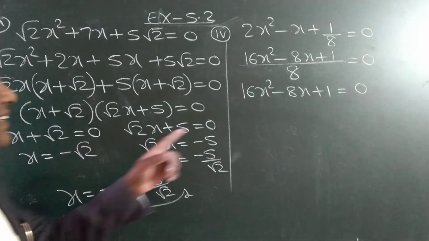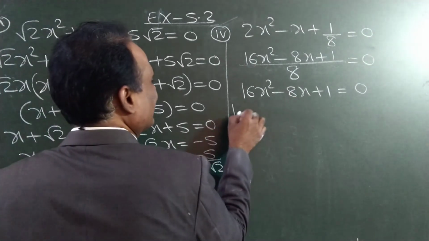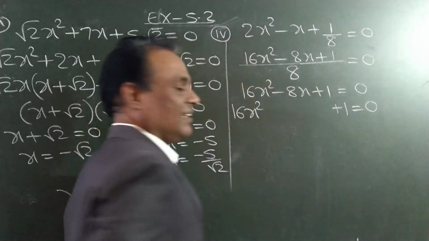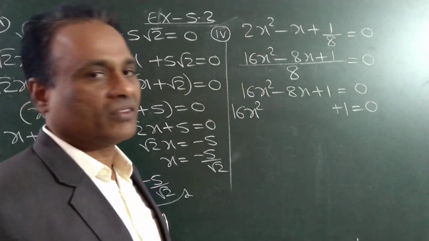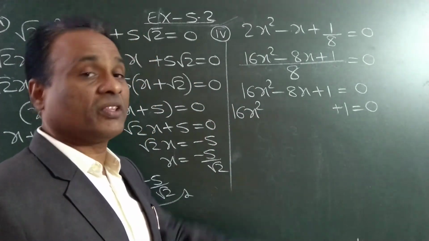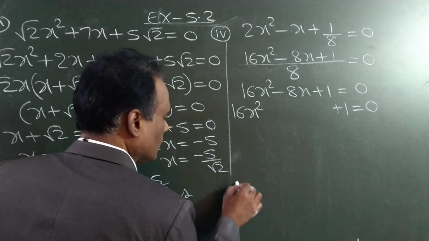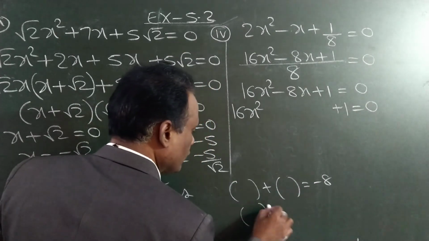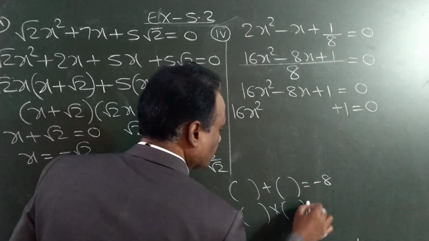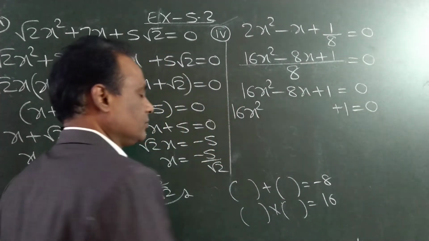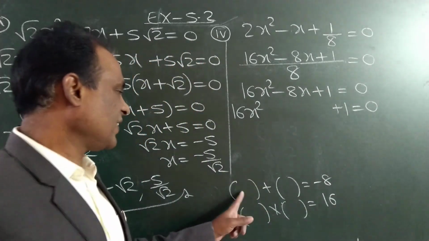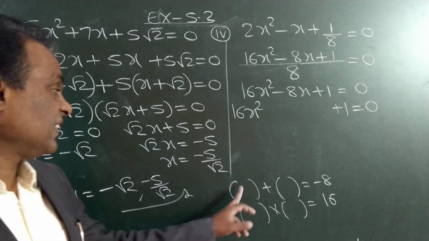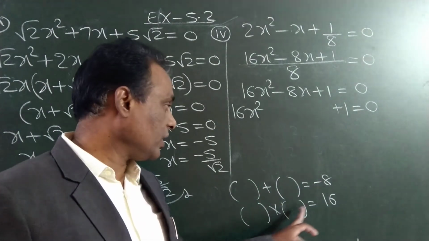Students, now 16x square same, 1 same. This middle term should be written as a sum of two numbers. Sum should be minus 8, product should be 16. See here. Sum is minus 8, product is 16.